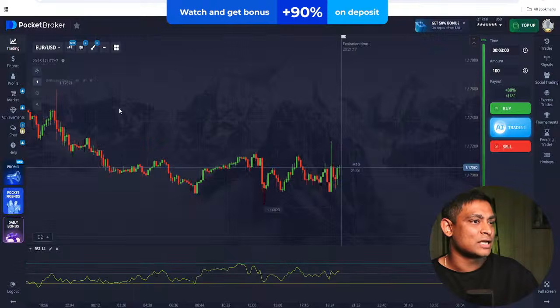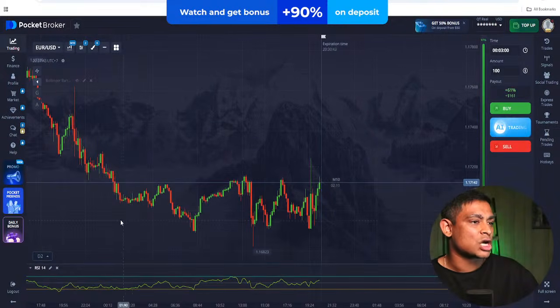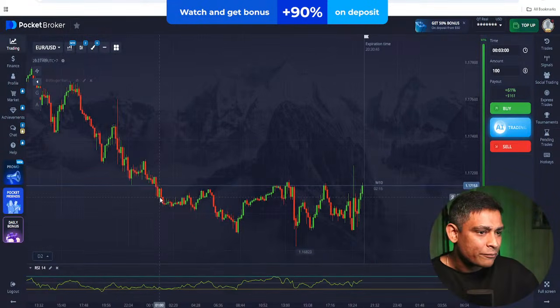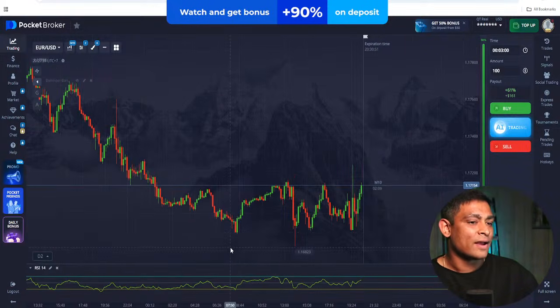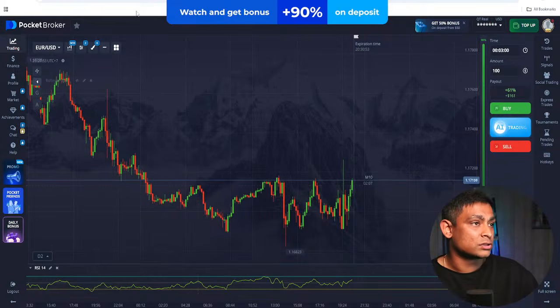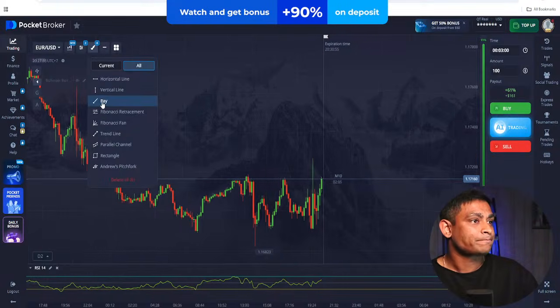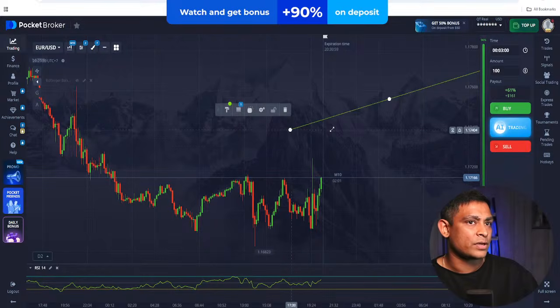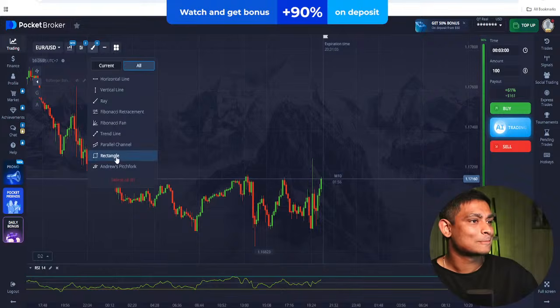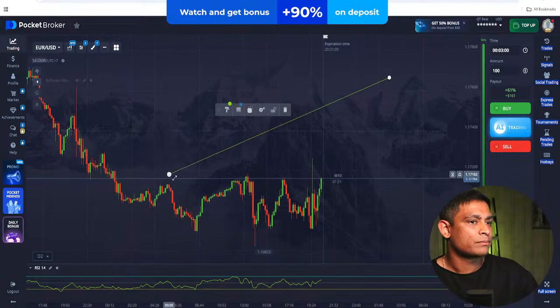Now ladies and gentlemen, let's look at our charts and let's see if we can find something or not. Yes, I can see a very good divergence.